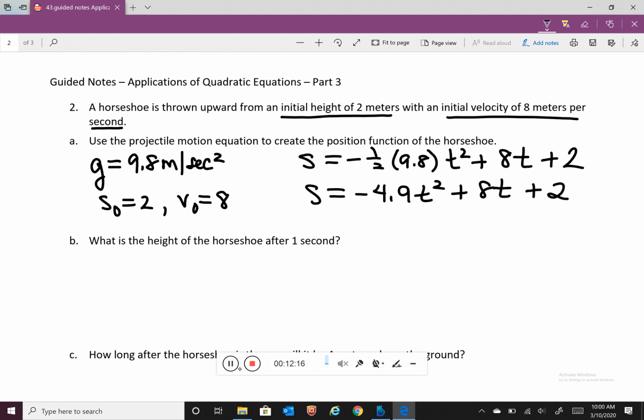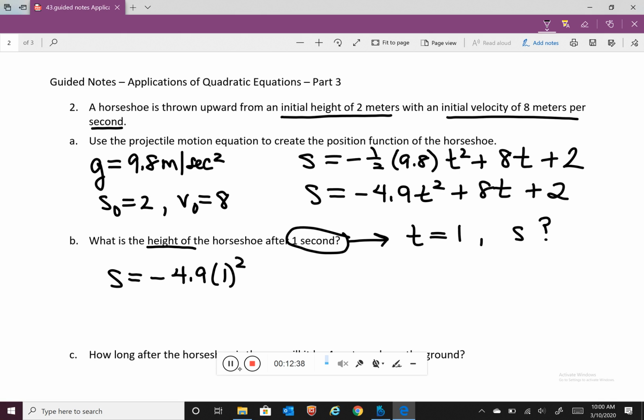So if I want to know the height of the horseshoe after 1 second, so we're letting t equal 1. And we want to know what S is. So S is equal to negative 4.9 times 1 squared plus 8 times 1 plus 2.